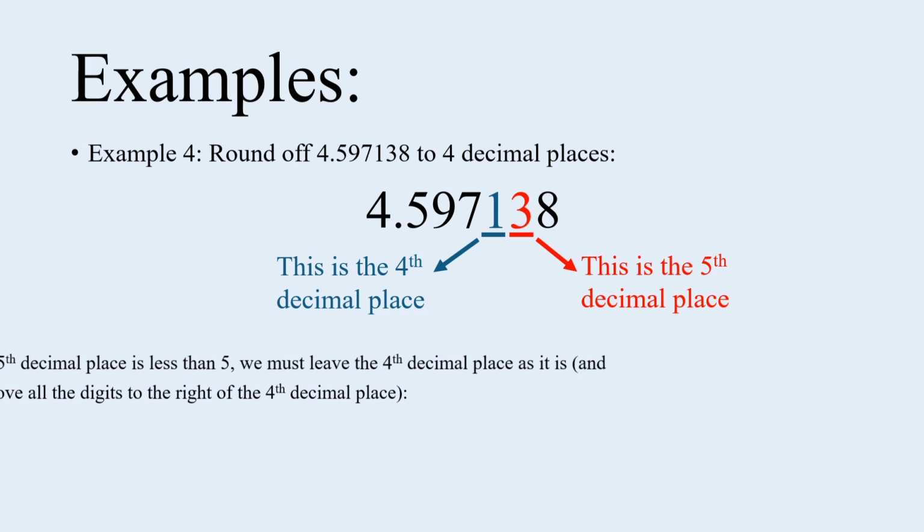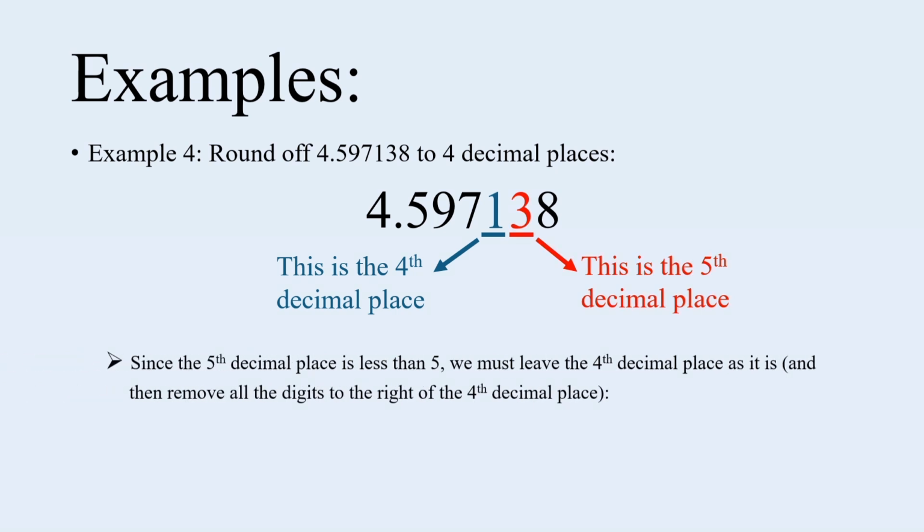Since the fifth decimal place is less than 5, this means we must leave the fourth decimal place as it is, and then just remove all the digits to the right of the fourth decimal place. Therefore, 4.597138 rounds off to 4.5971.